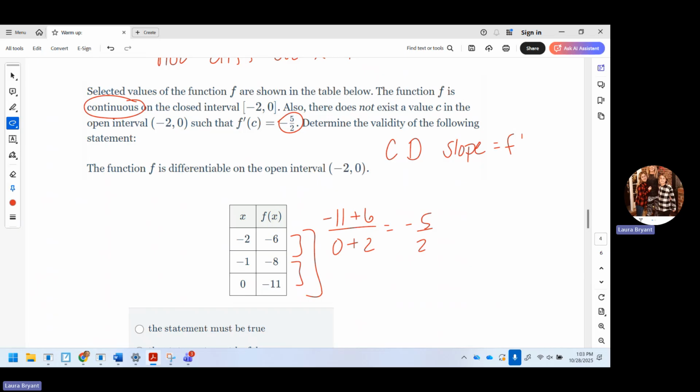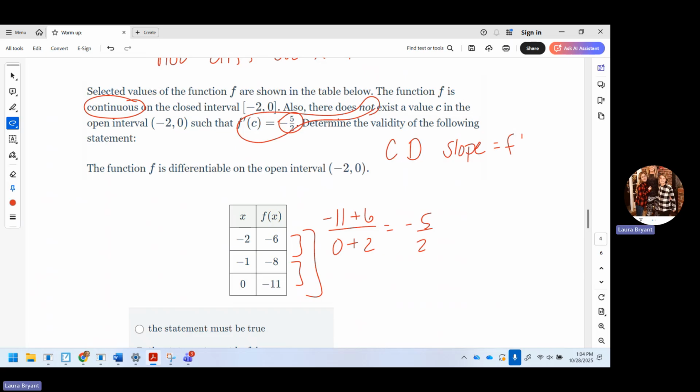When I look at the directions, it says that on the actual equation, I never get -5/2. See that word not? So the directions are saying I have this continuous function and the slope is never -5/2, but when you do your table, you get -5/2. That means the function is not differentiable.